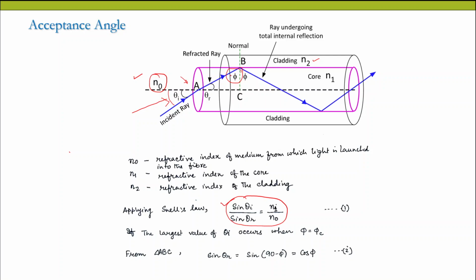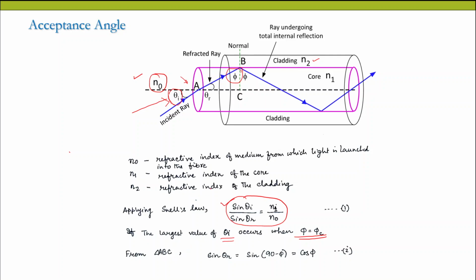If that happens, then that ray will not undergo total internal reflection. That ray will escape through the cladding and will not take part in the propagation. So there is a maximum limit for theta I. The maximum value of theta I occurs when phi is equal to phi c. So when phi is equal to phi c, theta I reaches the maximum value, theta I is equal to theta I max.